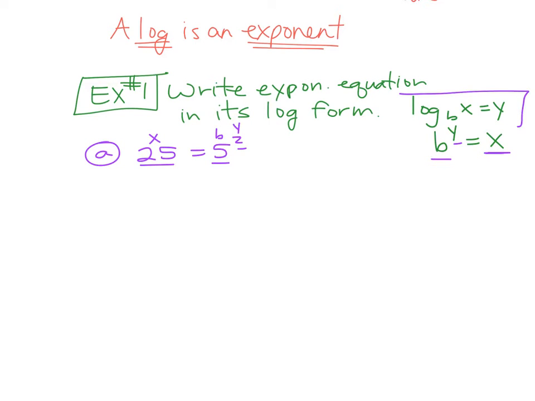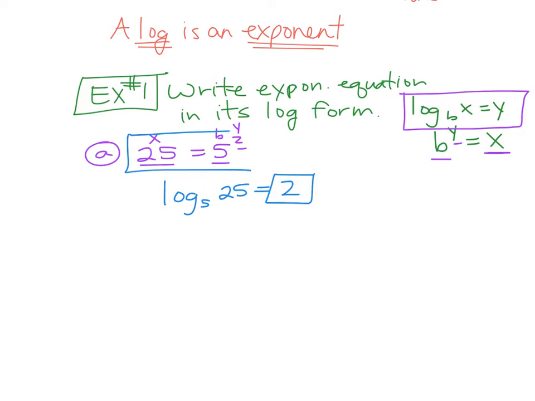If I'm going to write that in this form, I'm saying log base what? What's the b? Log base 5 of what? 25 is equal to 2. Okay? This is your exponent, right? That is your answer. That's your log. So we're just taking this and we're reformatting it into the log form, which is that.